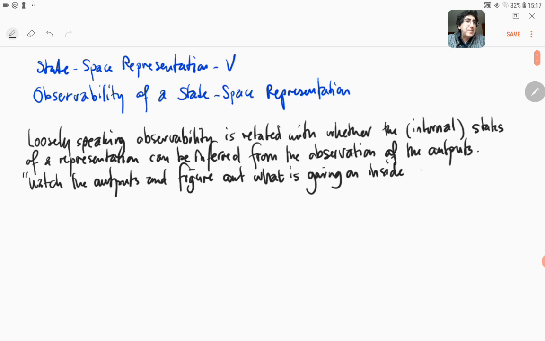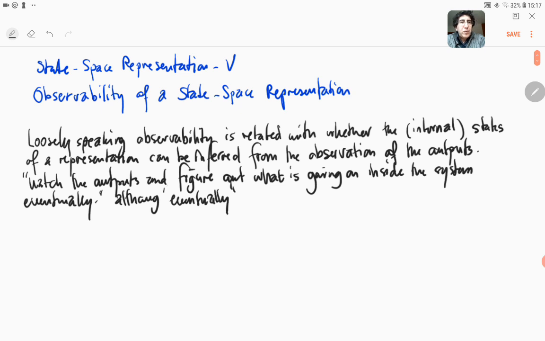And let's put it here that given enough time, so eventually, although this eventually, an informal word, can be a long time.